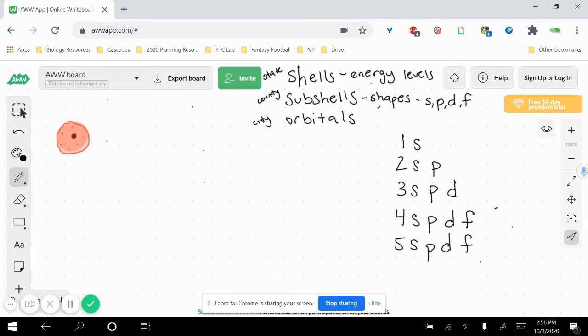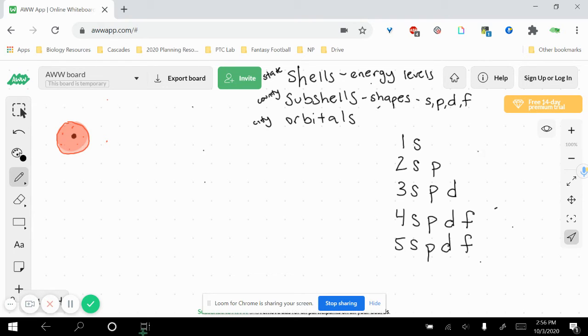What I want you to think about these subshells as is organizational structures, organizational shapes that hold within them orbitals, like we said. So subshells contain orbitals the same way that a county contains cities. Each orbital, you can think of it like a shelf or a box where electrons are going to be living, the places that electrons actually are being held.